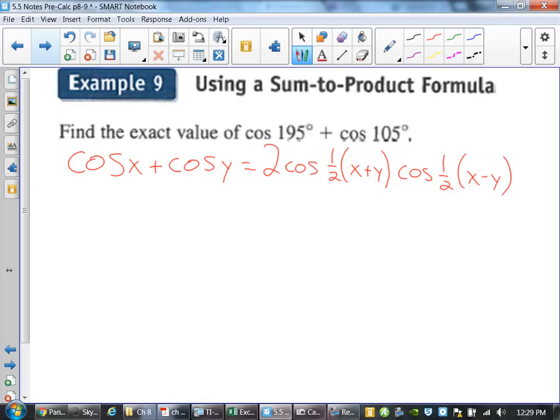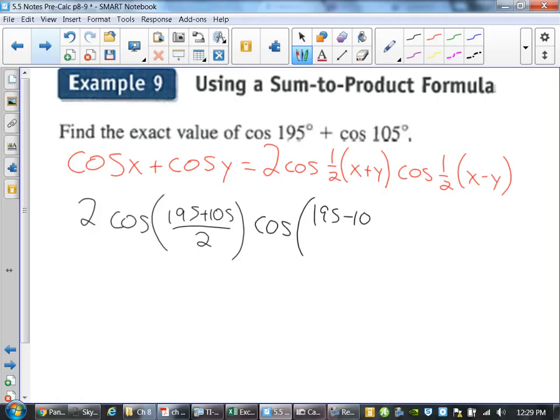The 195 and 105 are playing roles of x and y, respectively. So it's just substitution again. 2 times the cosine, 195 plus 105 over 2. Is it okay that I bring it over 2? 1/2 times the quantity, same thing as divided by 2? Yeah? You're finding the average. Cosine 195 minus 105 over 2.